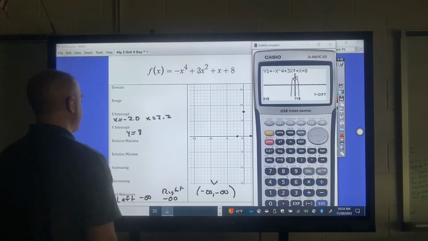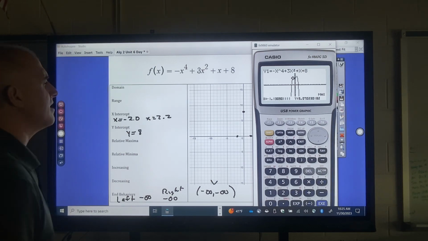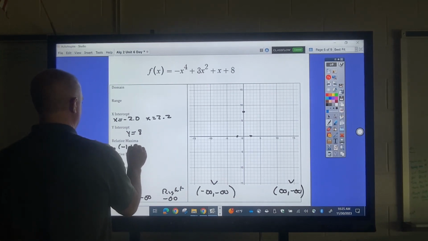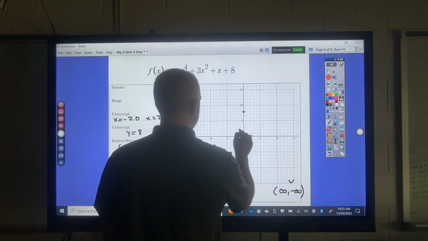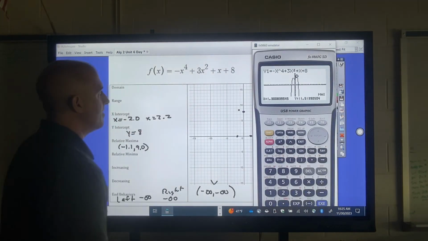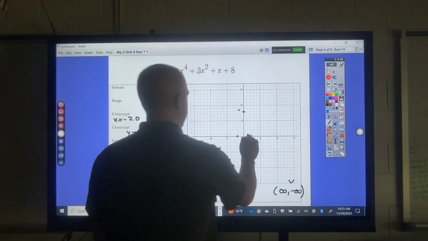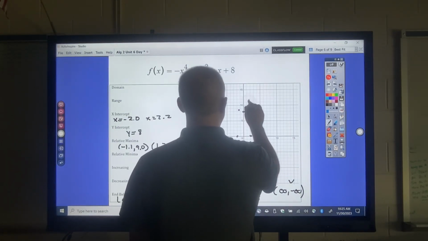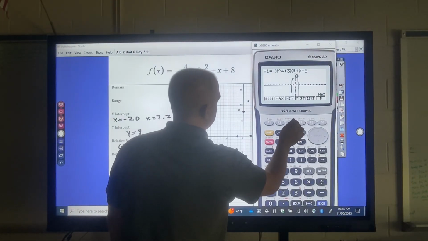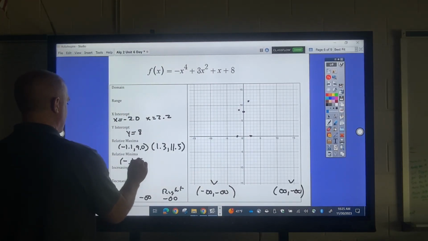Okay, I'm going to find the maximums and the minimums. Okay, so I got negative 1.19, 0. All right, negative 1.19, 0. I'm going to check for any others. I also got 1.3, 11.5. Okay. Then I'm going to do G-Solve minimum. All right. Negative 0.1, 7.9. All right.